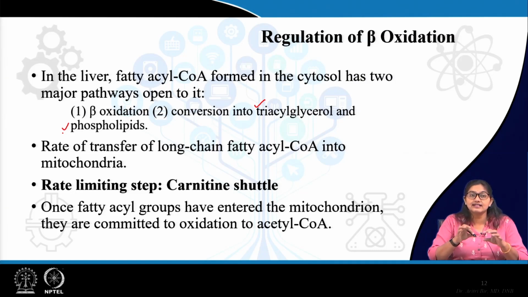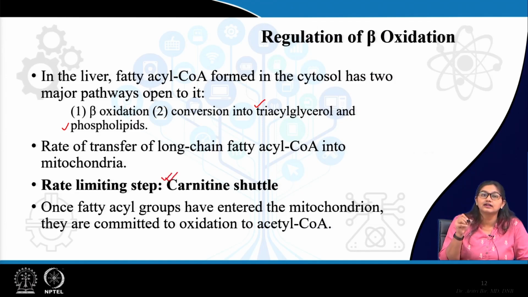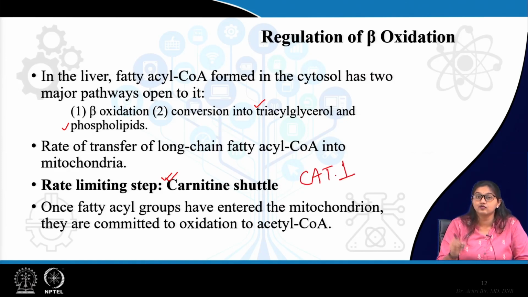Now, that is a decisive factor. So, provision of long chain fatty acyl coenzyme in cytosol or in mitochondria is the rate limiting step. What is important is the carnitine shuttle, or the first reaction of carnitine shuttle, that is carnitine acyl transferase 1 enzyme.